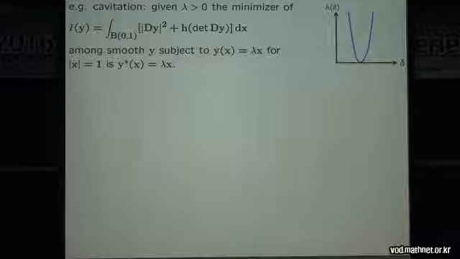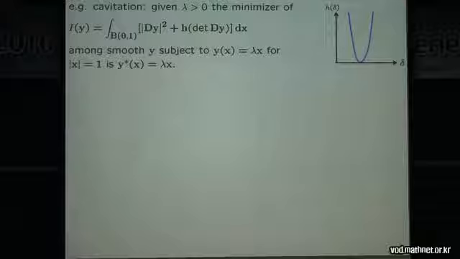The example is cavitation. Here's an energy functional, which is not such a bad caricature of an energy functional for rubber. H is a convex function that has a very sharp minimum, say, around delta equals 1, because rubber is almost incompressible. You take the ball, center 0, radius 1, and you try to minimize this subject to y of x equals lambda x on the boundary.